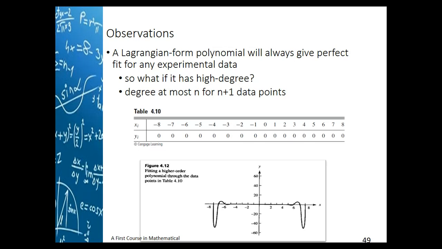If you have this kind of example, unfortunately you are dealing with data of 0, 0 and so on. If you look at Table 4.10 with Figure 4.12, Figure 4.12 represents your Table 4.10; it is a fitting of a higher order polynomial through the data in the table.